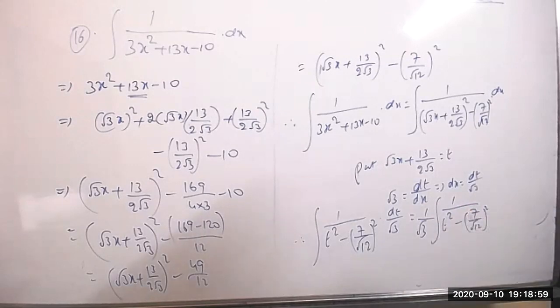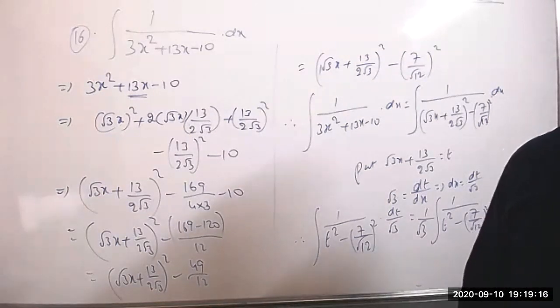Now it is in the form of integration of 1 by x square minus a square. So what is the formula we have for integration of 1 by x square minus a square?